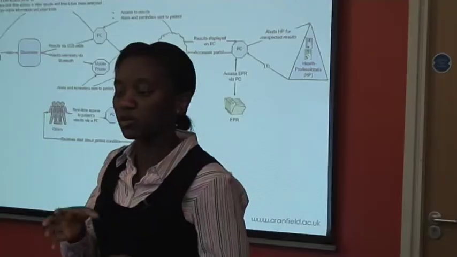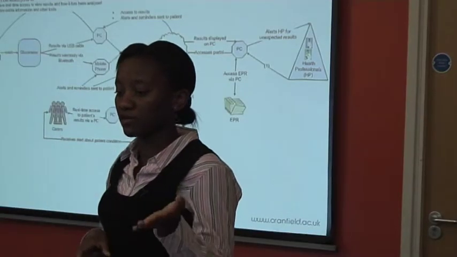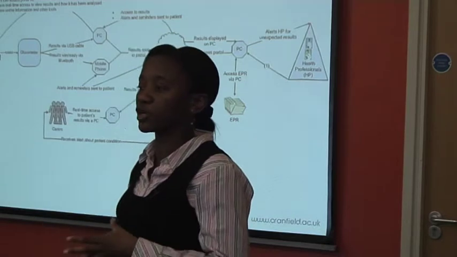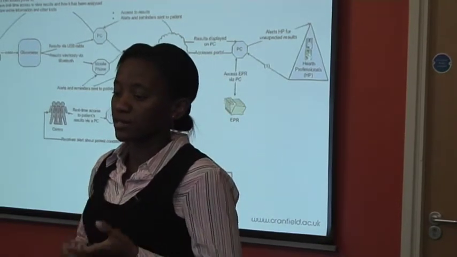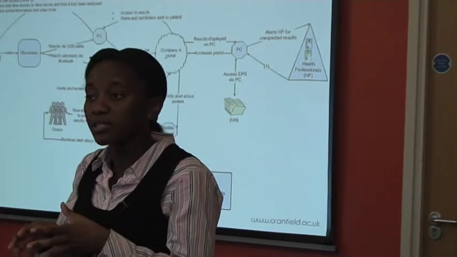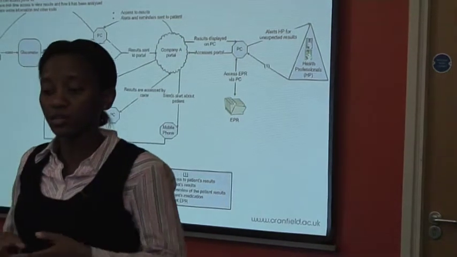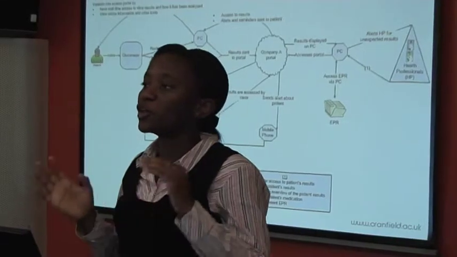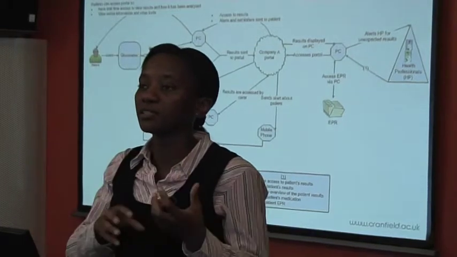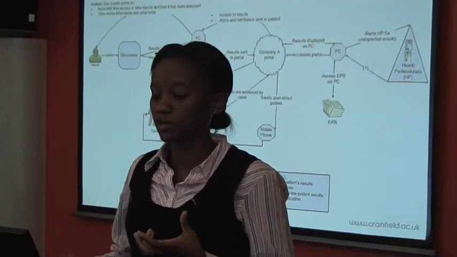You have mobile phones, PCs. You have carers. You have electronic patient records. You have web portals. And in essence, it can be simpler than this, or it can be more complicated than this. But just an example of the summary of it is that the patient and the health professional are not in the same place, and they're sending information between each other.